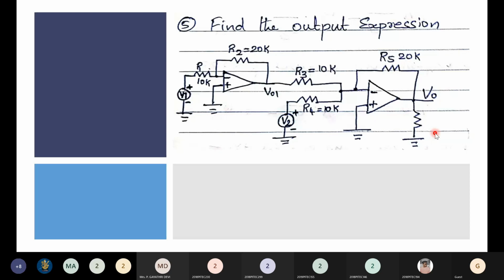Make it fast. Anyway, I'll show you the answer. Just make a try. First one, inverting amplifier. Second is inverting adder. For an inverting amplifier, output is equal to minus R2 by R1 times the input.